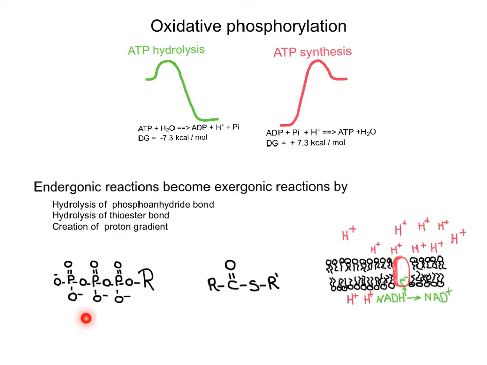Hydrolysis of a phosphoanhydride bond releases energy. When protons return back into the matrix, there is a large conformational change in ATP synthase, the enzyme in charge of the formation of a phosphoanhydride bond in the molecule of ATP. The energy of the proton gradient is sufficient.